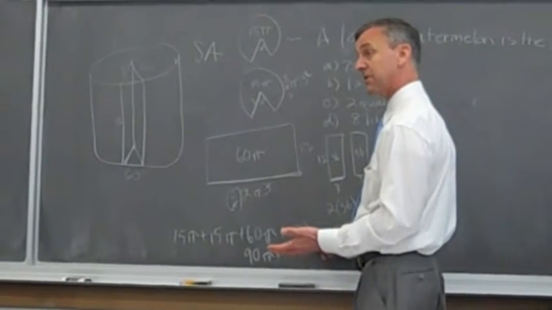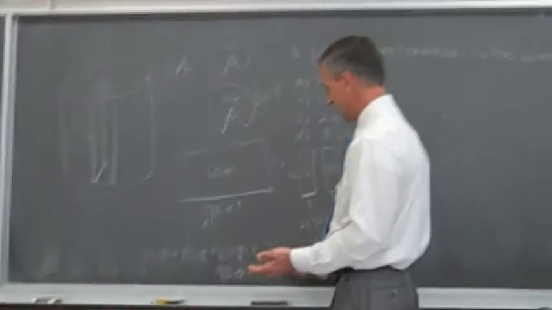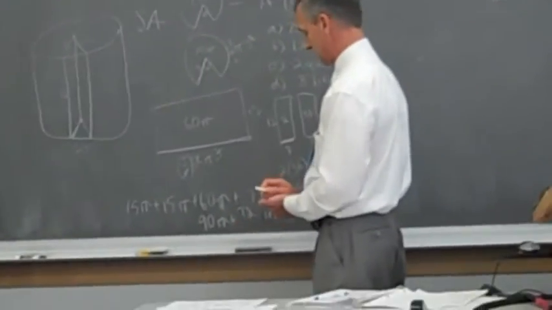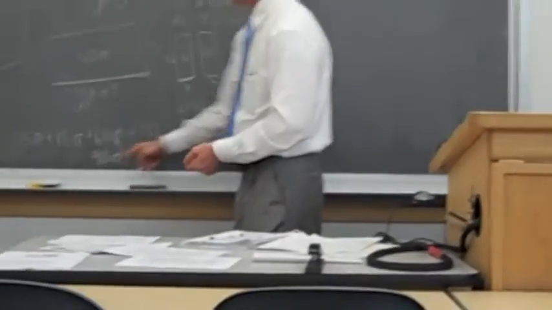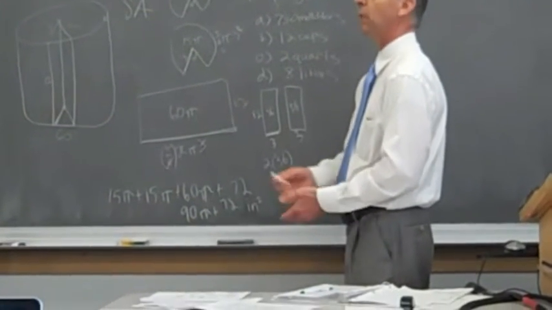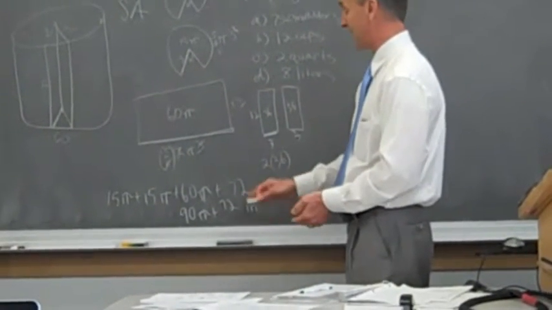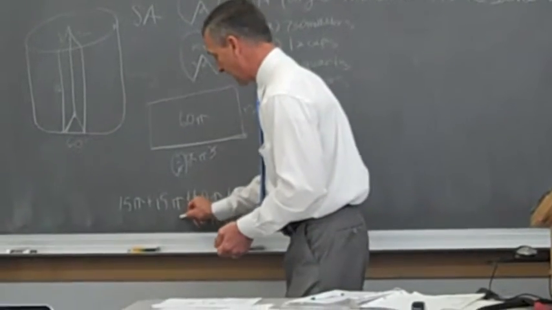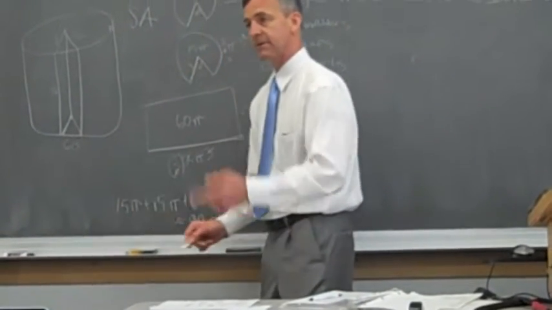Cubic inches, square inches, plane inches, what? Inches squared, because it is. If you want to leave it just like that, that's fine, or if you'd like to approximate it, that's okay too.